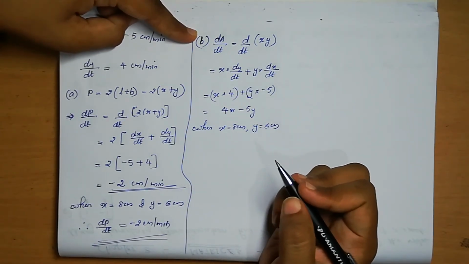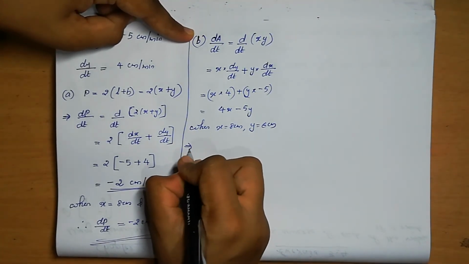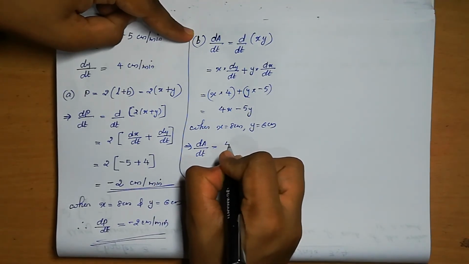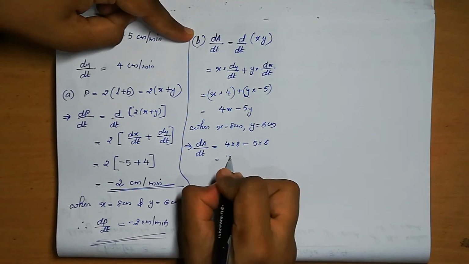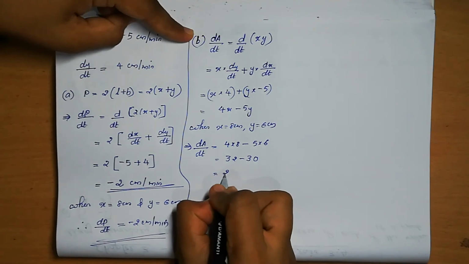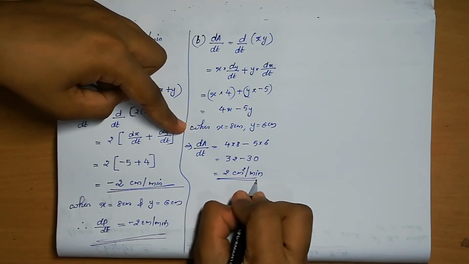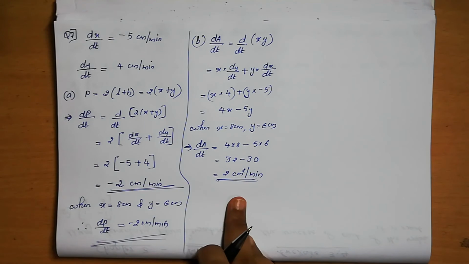So dA by dt equal to 4 into 8 minus 5 into 6. 4 into 8 is 32, minus 6 into 5 is 30, is 2. That means 2 units. Area is centimeter square per minute. So what can we write? The area of the rectangle is increasing at the rate of 2 centimeter square per minute. We can write the answer.